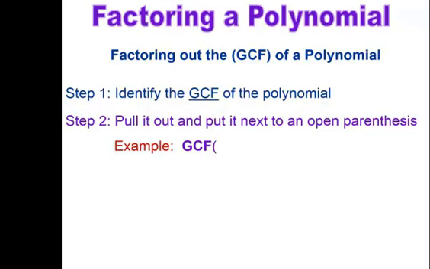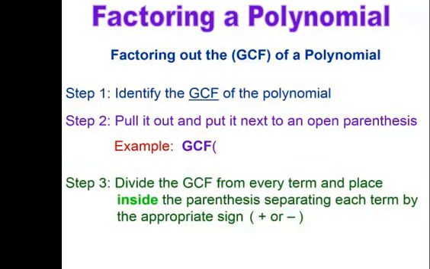So whatever that greatest common factor is, you're going to write, and then you're going to start it by having an open parentheses, and then what you're going to do with the greatest common factor is you're going to divide it from every term of the polynomial and place whatever is left inside the parentheses, and make sure you separate each term by the appropriate sign, whether it's plus or minus.